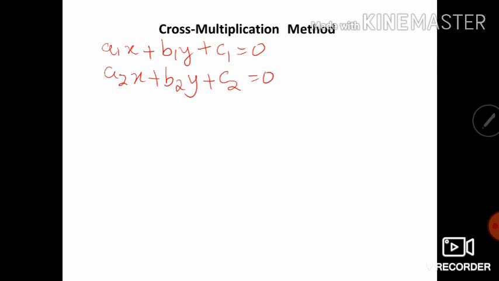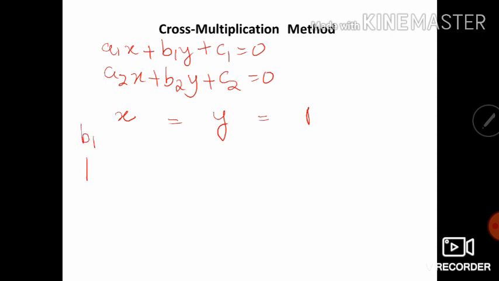Now to use this method, we will have to write down the coefficients and the variables in a particular format, which looks like this. So you start writing with the variables x, y and 1. You can place an equal to sign. Now on the left side of x, you will start writing the coefficients of y of both the equations.